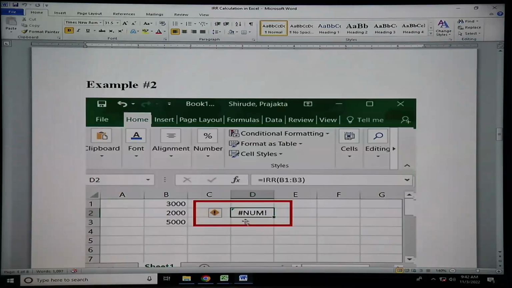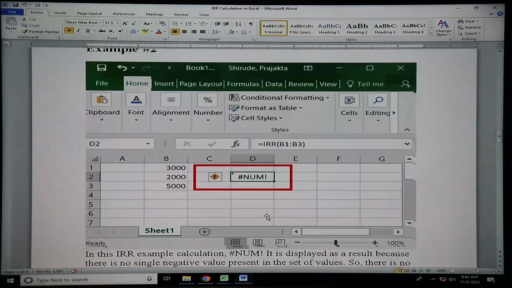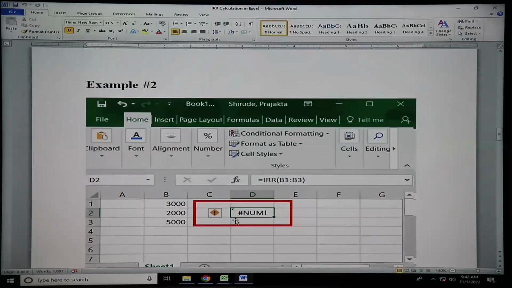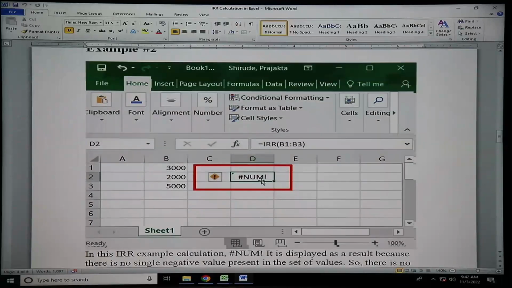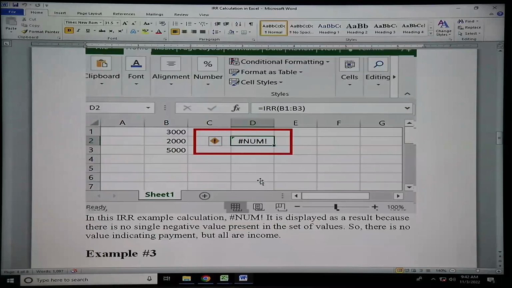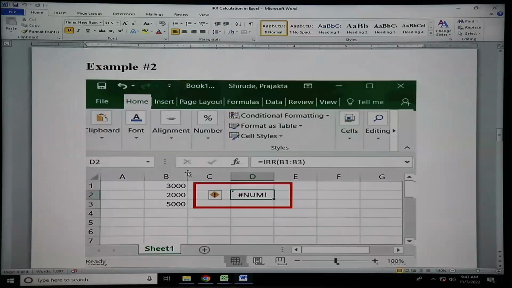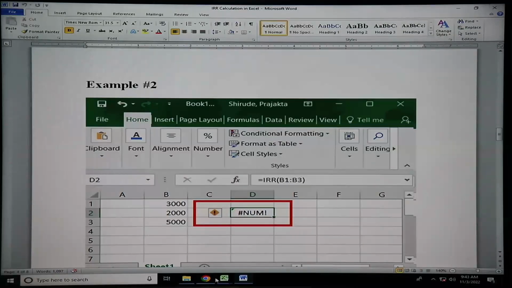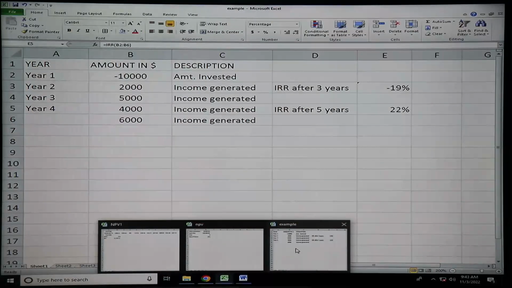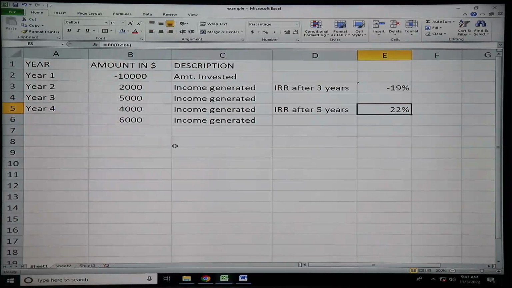Maybe in case you get this, what does it mean? If you don't have a negative value, sometimes it may end up giving a num value here. When you get this, you're supposed to know how to convert it to a number. Let me use this simple example.